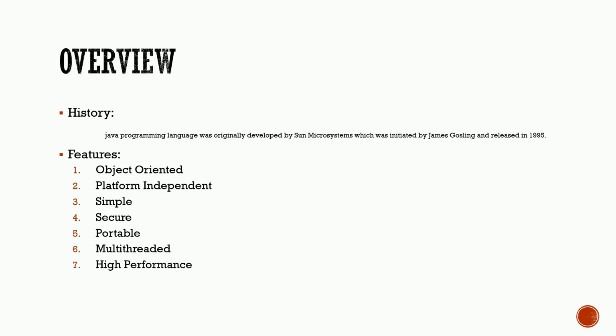So we'll learn why Java is called platform independent. Java is platform independent. That means you can execute a Java program in any operating system you want.